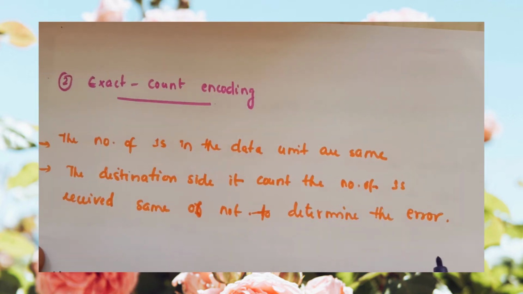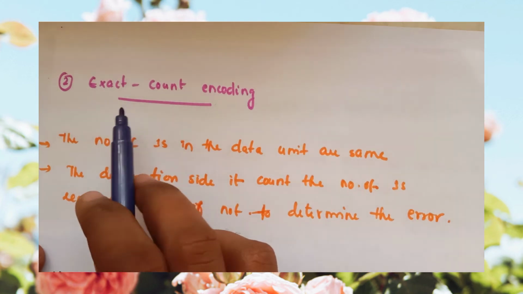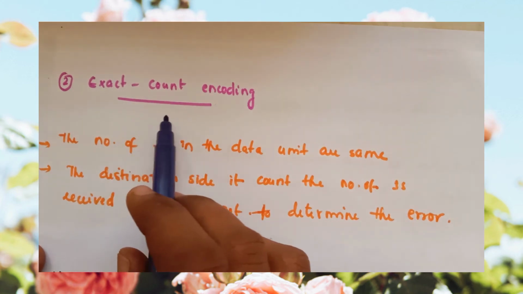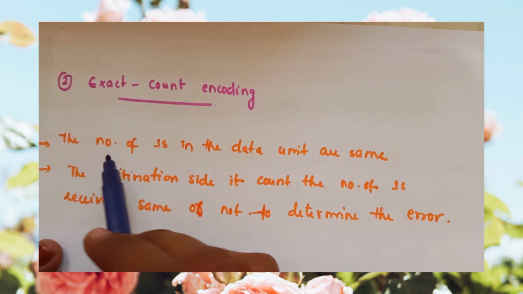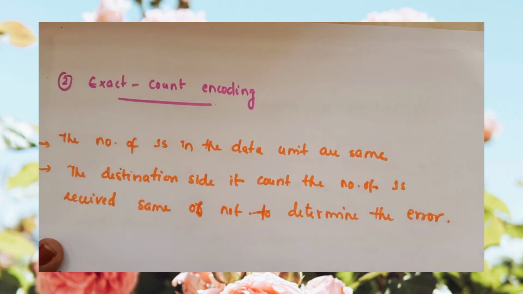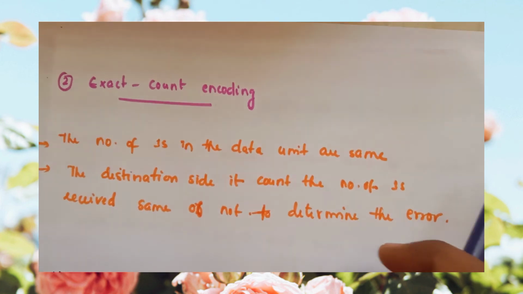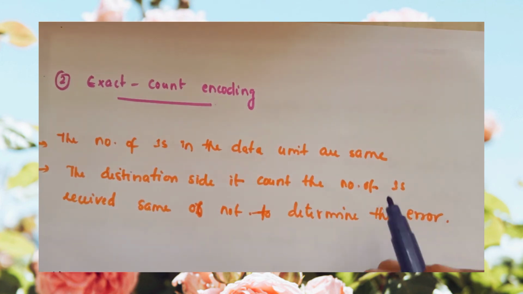The next method is the exact count encoding method. The name also suggests the definition of this method. In this method, we calculate the number of ones in the data unit. That means we check whether the number of ones in the original message and the number of ones in the received message are the same or not.